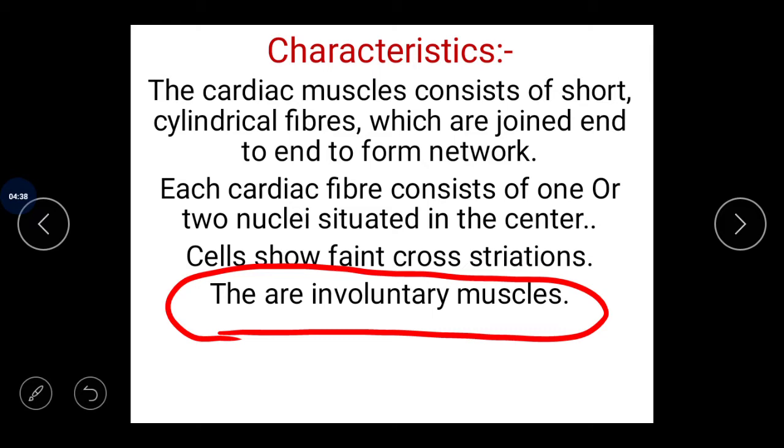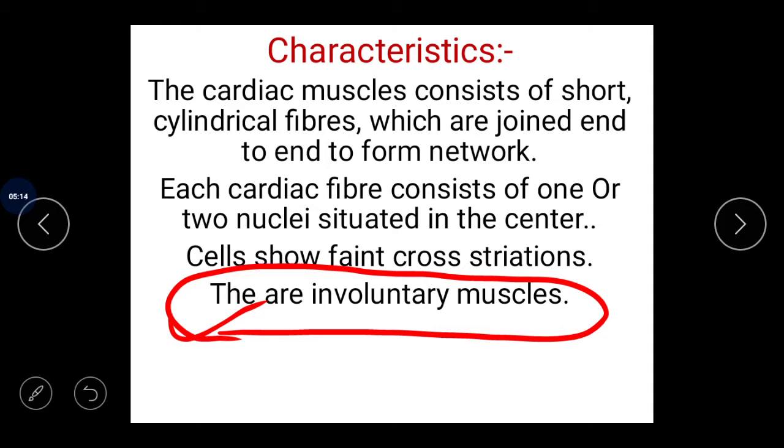That's why they work throughout the day and throughout the night to keep us alive, to supply the essential nutrients, the hormones, the enzymes, the necessary requirements to the different parts of the body. So we call them involuntary muscles.